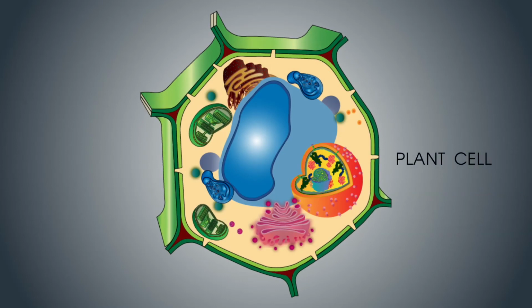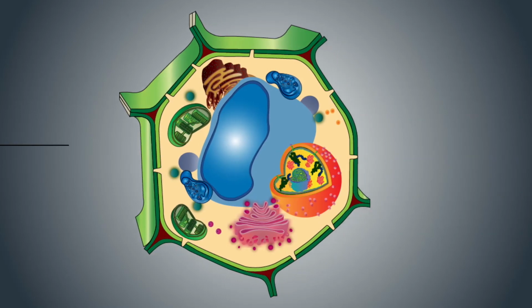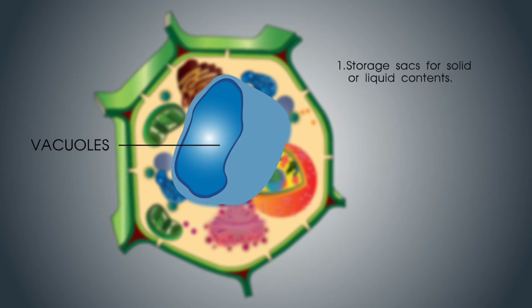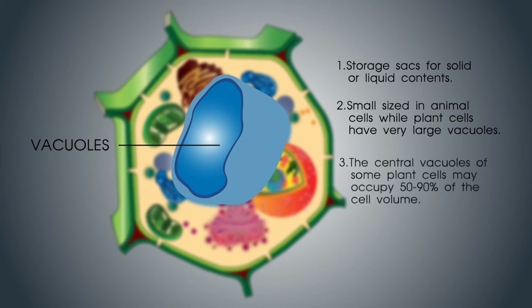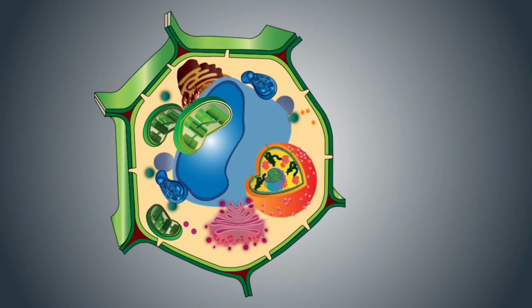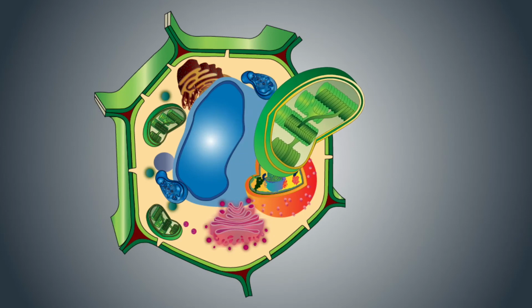Plant cell. Plant cells contain vacuoles, storage sacs for solid or liquid contents, which are small in animal cells, while plant cells have very large vacuoles. The central vacuoles of some plant cells may occupy 50 to 90% of the cell volume.